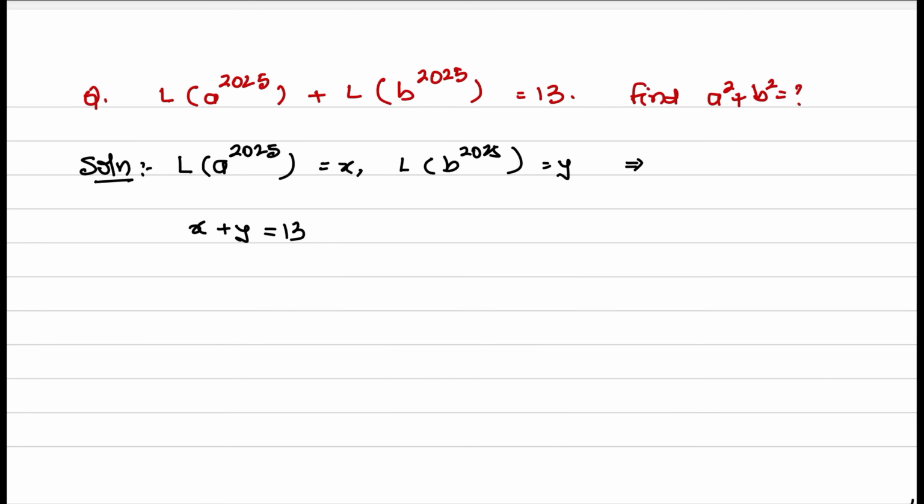If we say last digit, it means a single digit number. Please try to understand, this is the concept. Last digit is a single digit number. It should be less than 10.